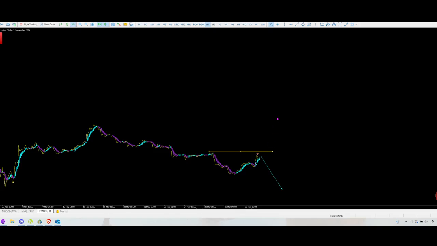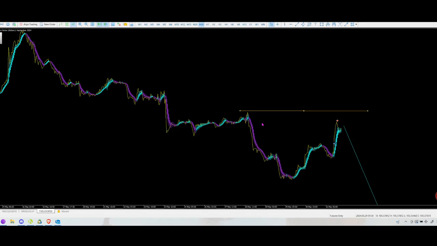Now if it blasts through here and we get a retest and then higher, then we could be looking at a reversal. But at the moment, I still consider this to be in a downtrend, with this being kind of the line in the sand area, which was the swing before the last major low was put in, which was down here.